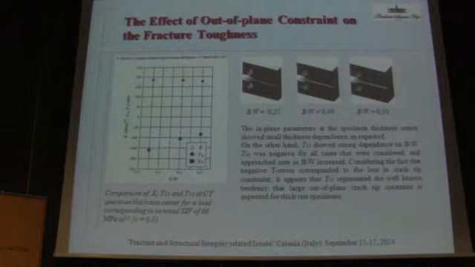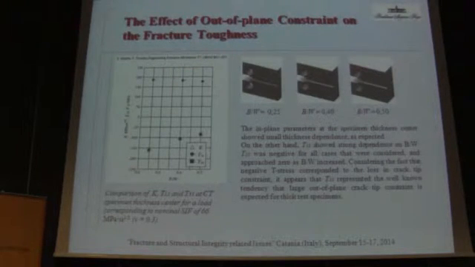Now I would like to concentrate your attention on the comparison of stress intensity factor, in-plane constraint parameter and out-of-plane constraint parameter in the mid-plane of the CT specimen for load corresponding to a constant value of stress intensity factor. So the stress intensity factor is kept at a constant value.